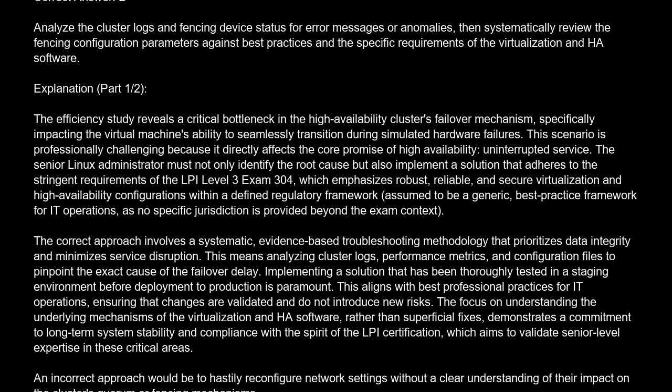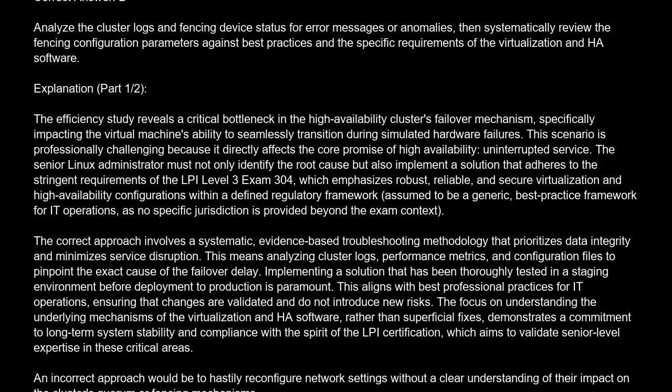The correct approach involves a systematic, evidence-based troubleshooting methodology that prioritizes data integrity and minimizes service disruption. This means analyzing cluster logs, performance metrics, and configuration files to pinpoint the exact cause of the failover delay. Implementing a solution that has been thoroughly tested in a staging environment before deployment to production is paramount. This aligns with best professional practices for IT operations, ensuring that changes are validated and do not introduce new risks.